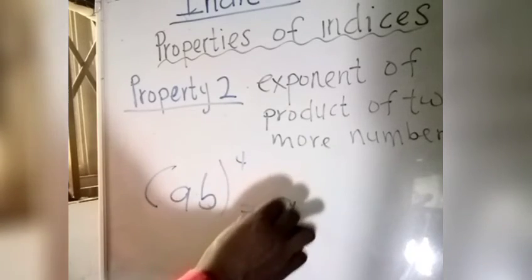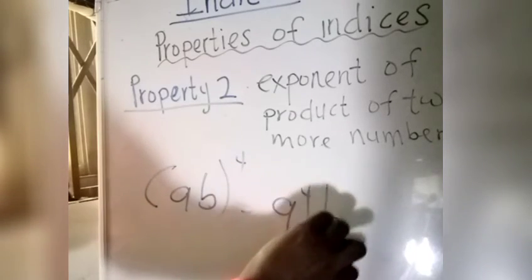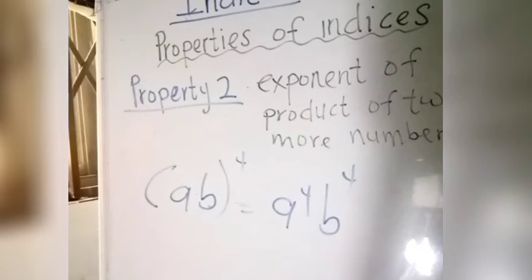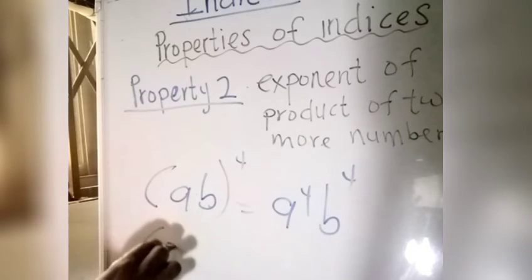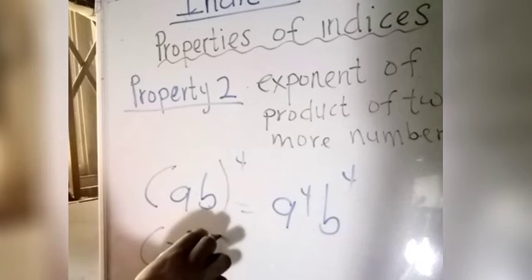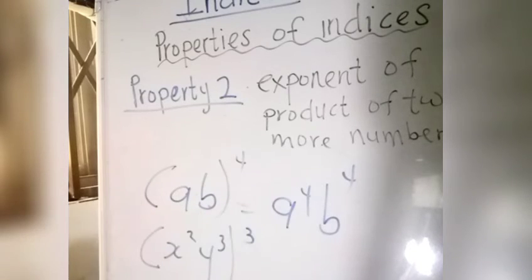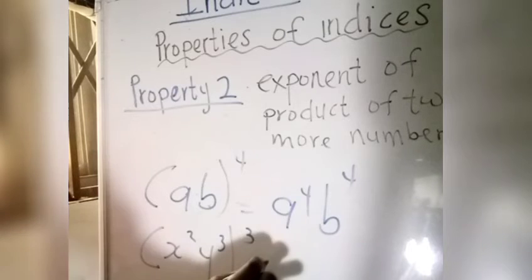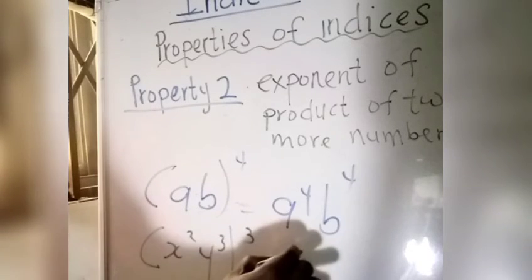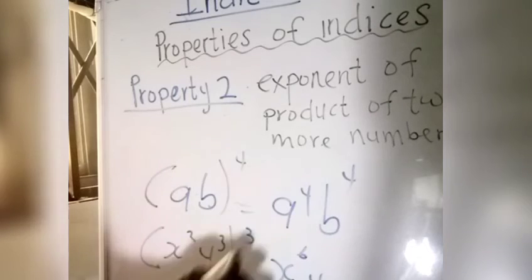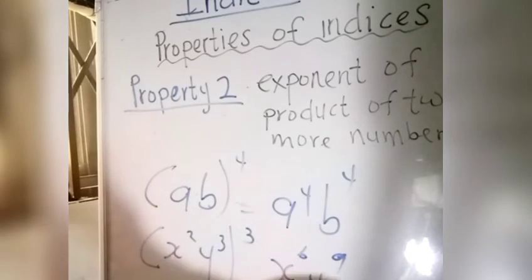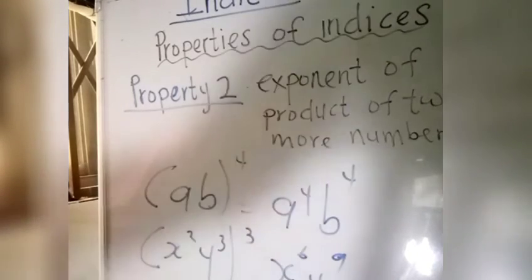So it's going to be a power 4, b power 4. Do you get it? Another one too, let's say we have x exponent 2, y exponent 3, all raised to exponent 3. The 3 must affect all the two numbers. So it's going to be x, 2 times 3 gives you 6, and y, 3 times 3 gives you 9. That is the second property.